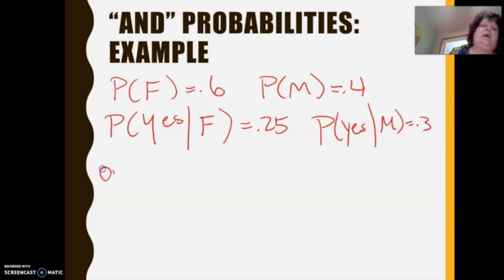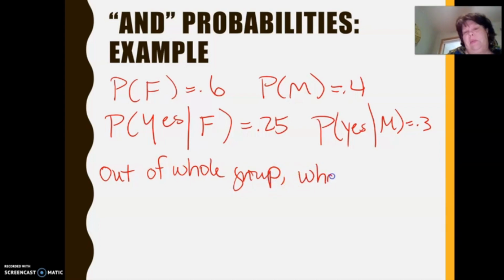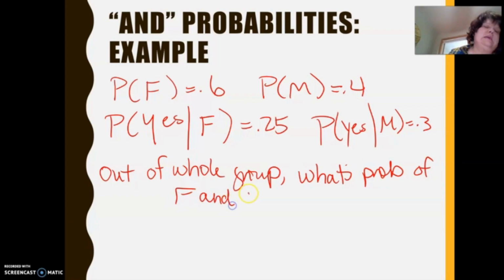And I want, out of the whole group, the probability of female and yes. That's out of the whole group. This is a conditional, so it's out of the females. This is a conditional, it's out of the males.